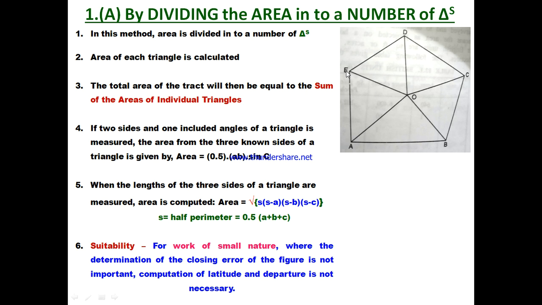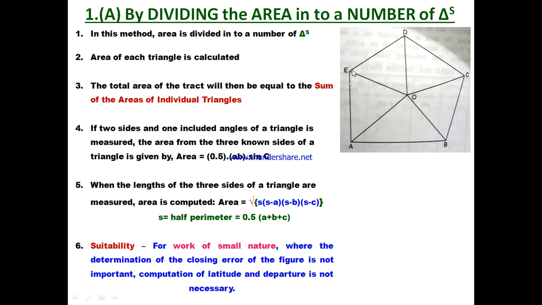After that we need to calculate the length and bearing of each of these lines with the help of a chain, compass or theodolite, whatever we are choosing for this particular survey. After calculating the length and bearing of all the lines, we need to determine the area of each triangle.